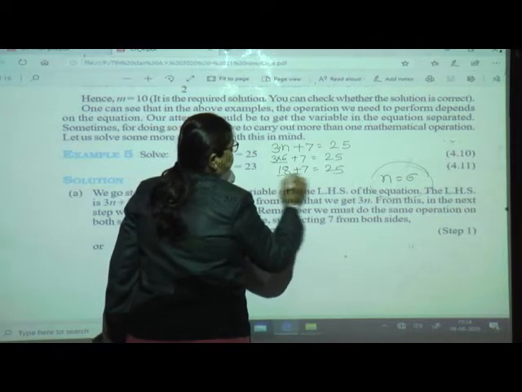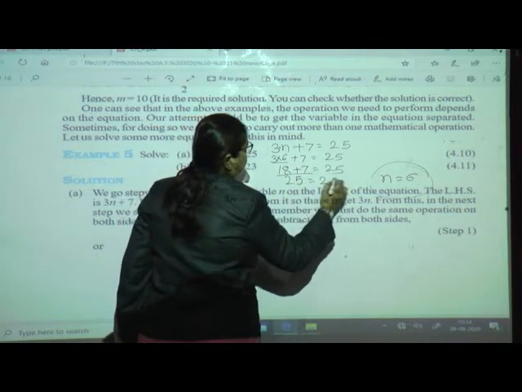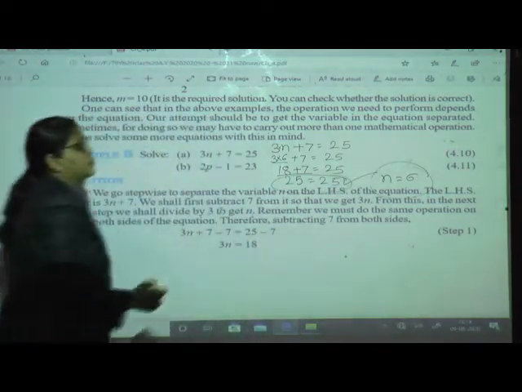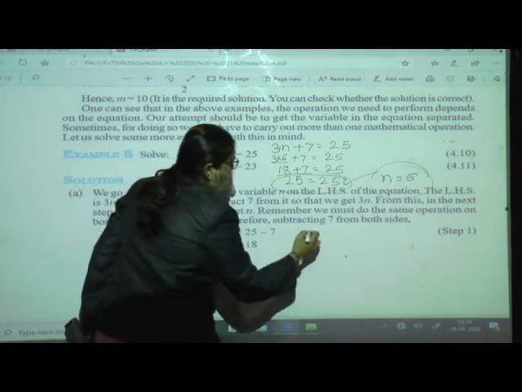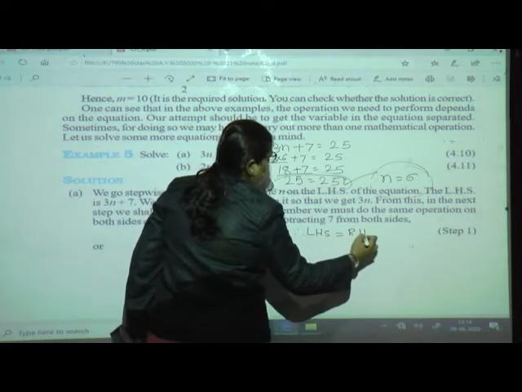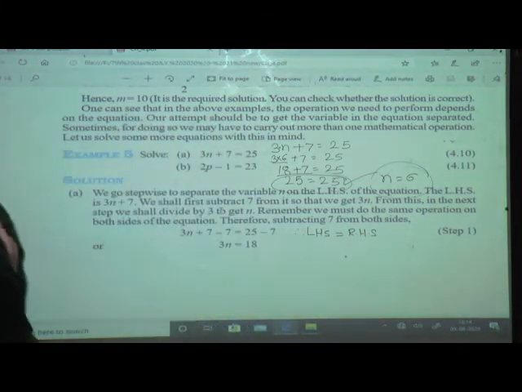The total of 18 plus 7 is 25, and 25 is equal to 25. So it is balanced. So we can say therefore LHS is equal to RHS. In this way we have to balance the equation.